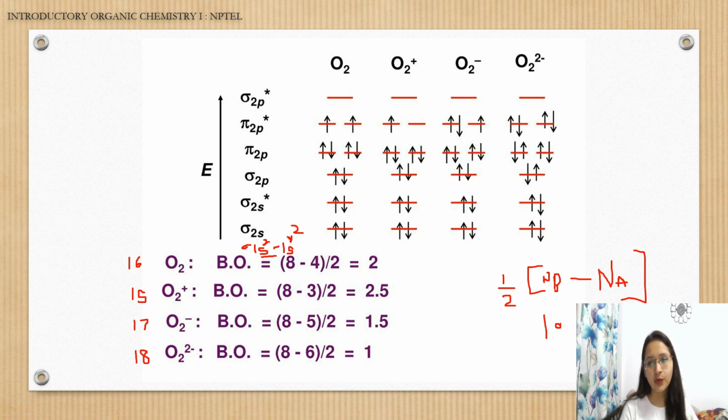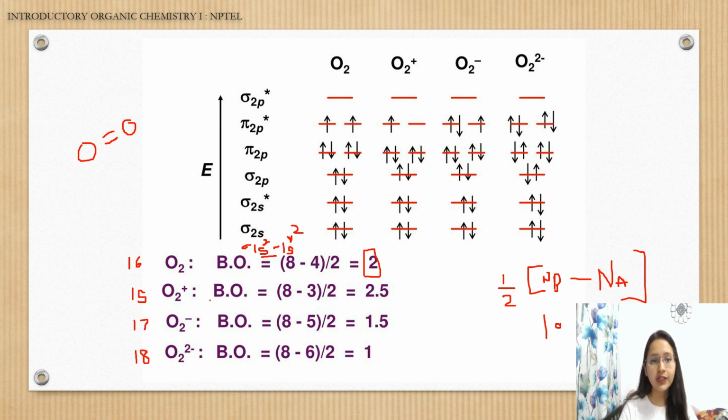This is how we have 6 anti-bonding electrons. If we subtract, we have 4. After dividing by 2, we end up with 2, right? So the oxygen bond order is 2, and we write it as a double bond between the oxygen atoms.